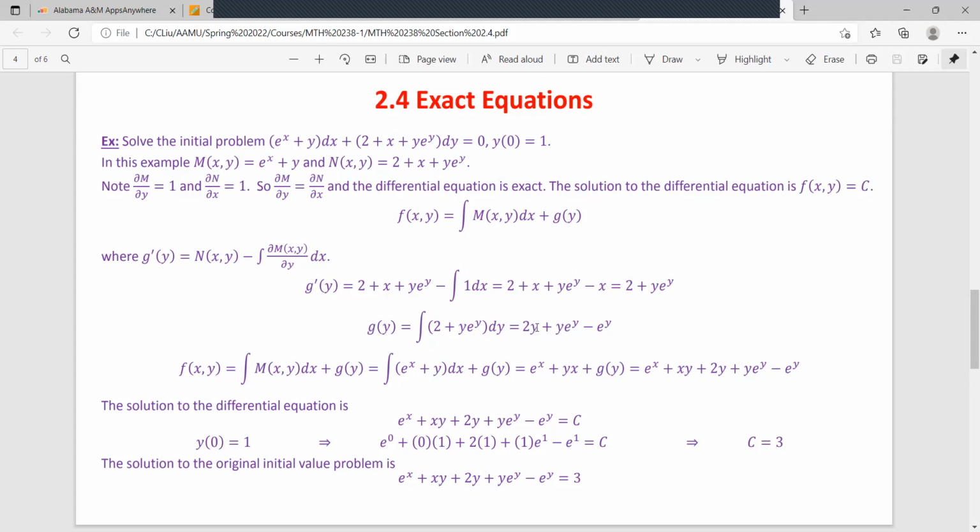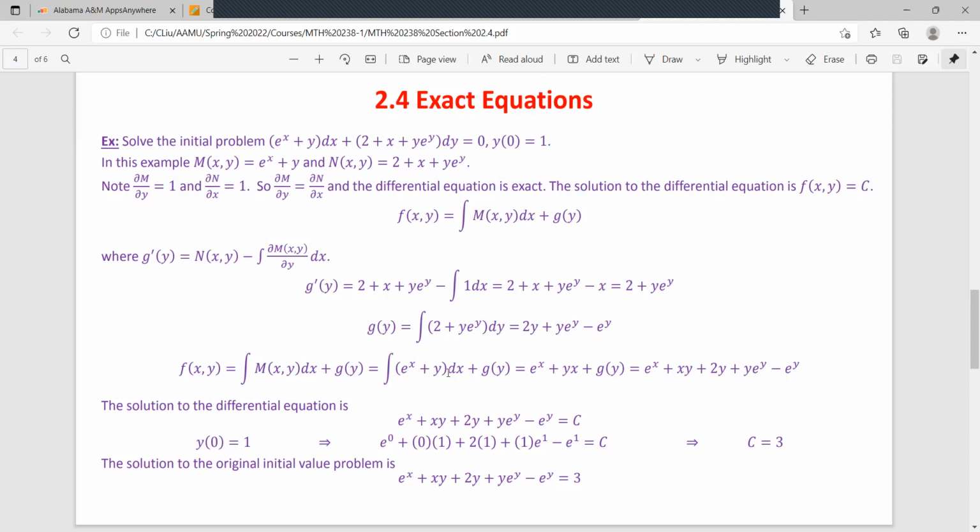Once we find g of y, then we can do the f using the formula. So that's the integral of m dx plus g. So m is just e to the x plus y, and then integrate with respect to x. All right. Remember, specify which variable you integrate.